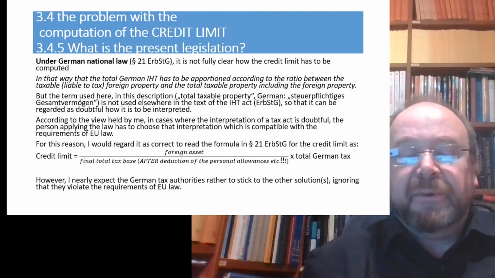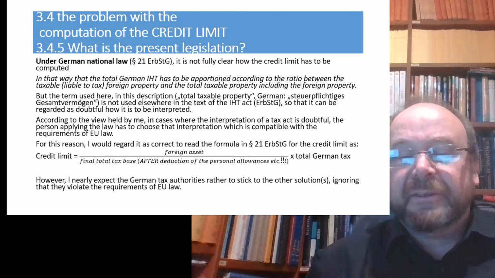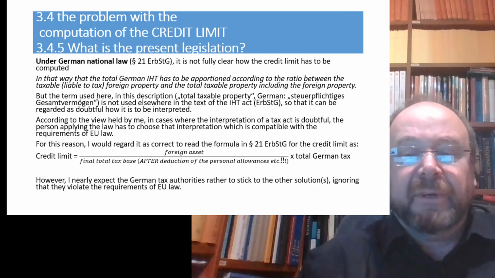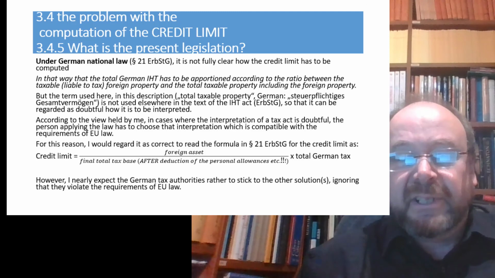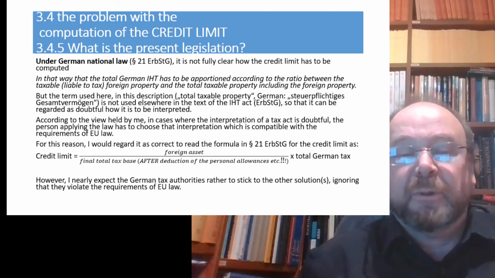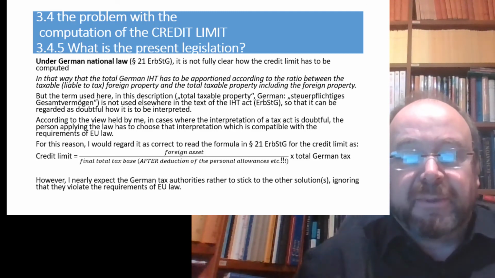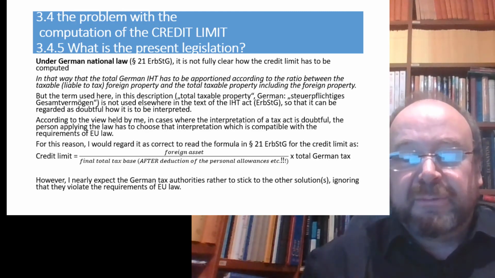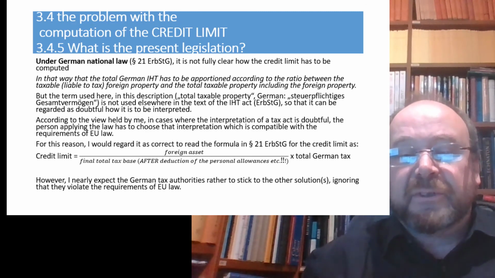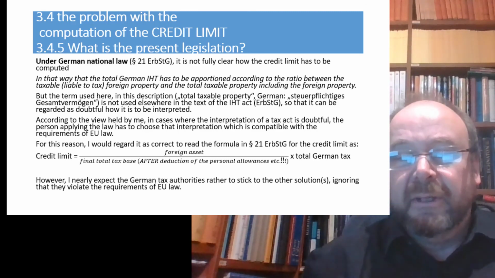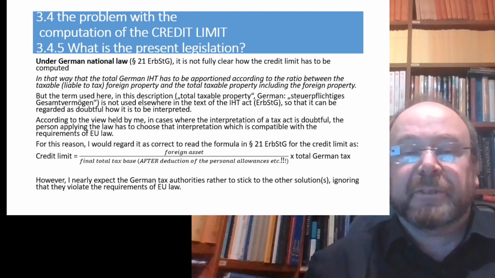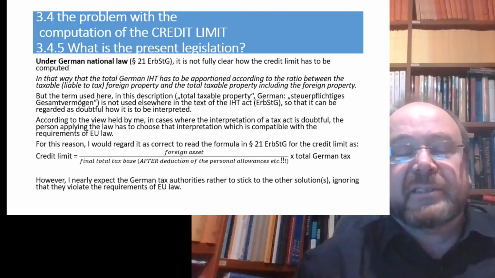Because there, the rule is that the total German inheritance tax has to be apportioned to the foreign and the inland assets according to the ratio between the taxable, that is the liable to tax foreign property, and the total taxable property, including the foreign property. Now, the thing is that that term specifically used there for total taxable property in German, steuerpflichtiges Gesamtvermögen, is not used elsewhere in the text of the Erbschaftssteuergesetz, so that one can only guess how it has to be interpreted.